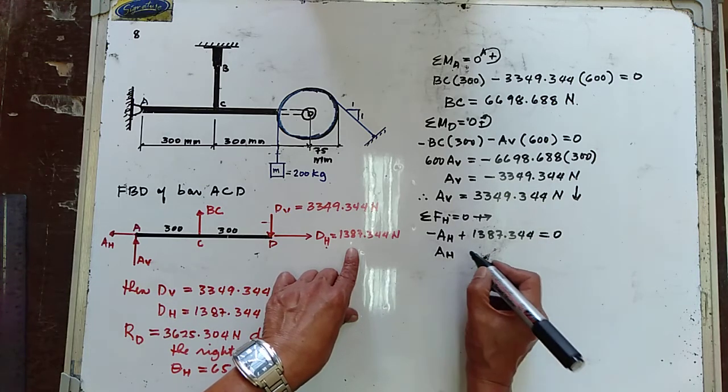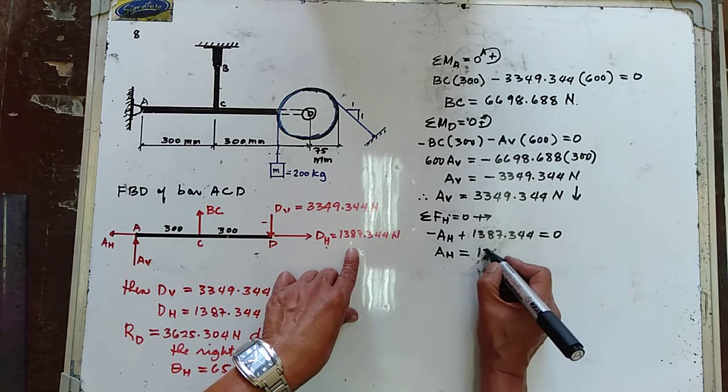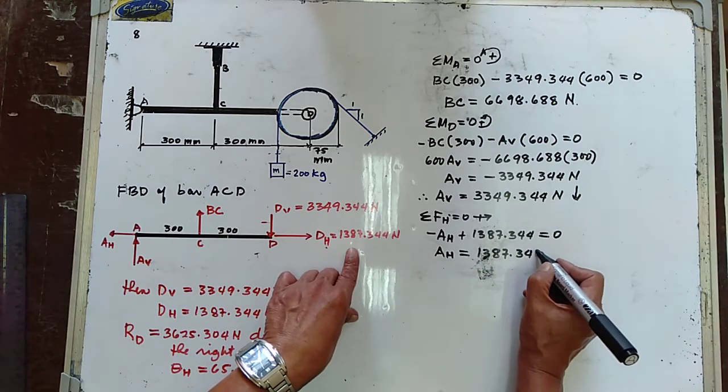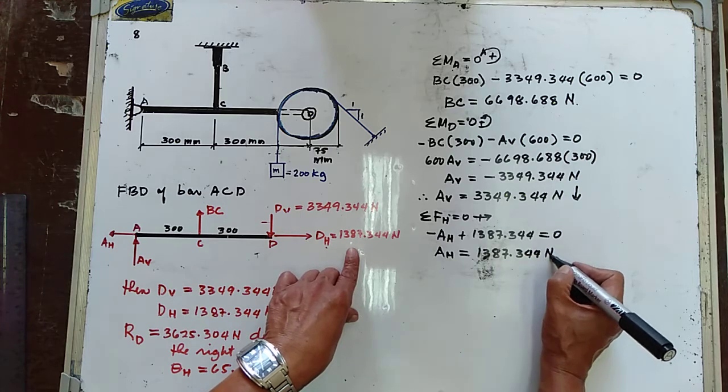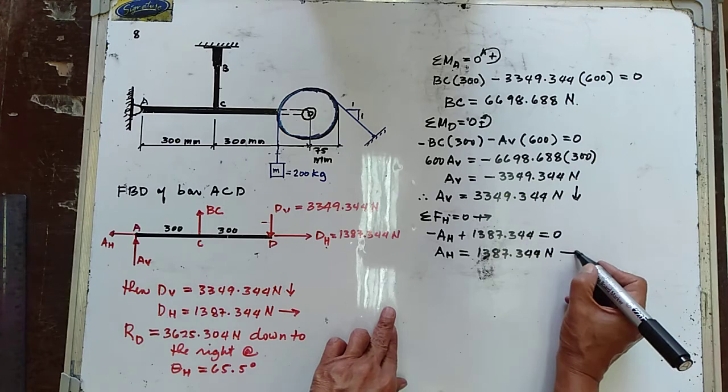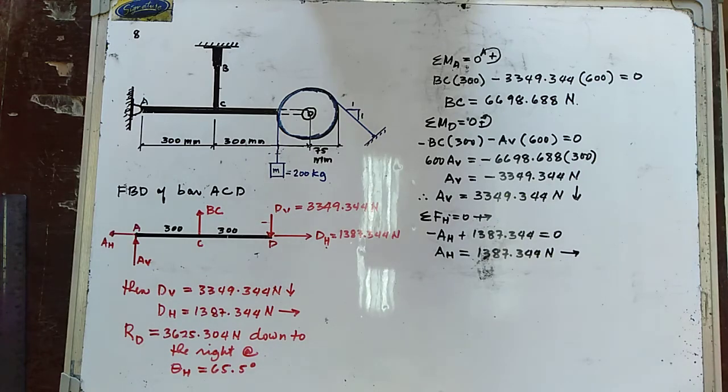So your AH is now equal to 1387.344 newtons. We get a positive value, hence the direction is going to the right, as assumed.